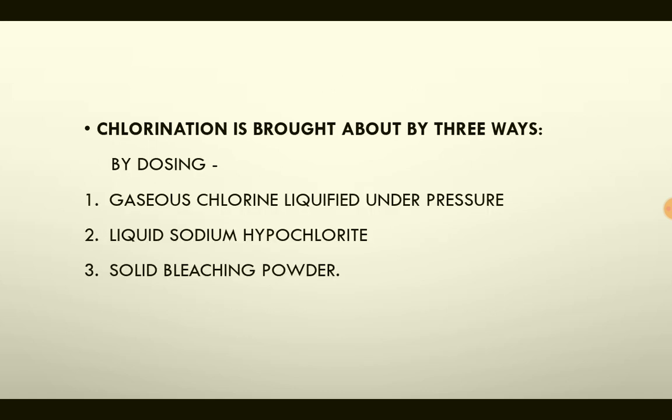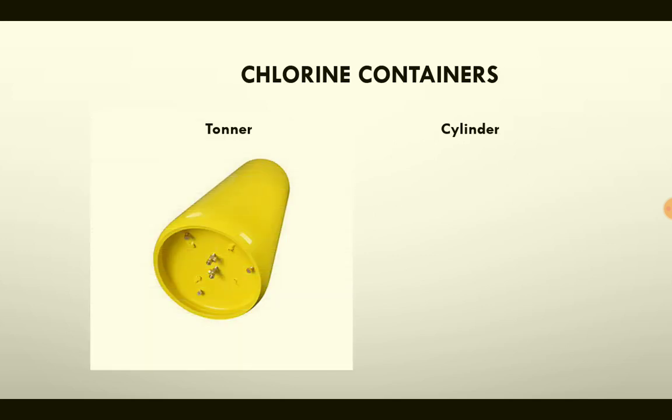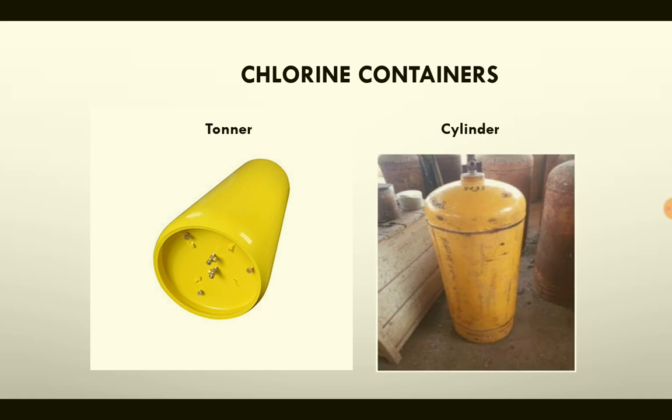Chlorination is brought about in three ways: by dosing either gaseous chlorine liquefied under pressure, liquid sodium hypochlorite, or sodium bleaching powder. Of these three, gaseous chlorine liquefied under pressure is the most predominant way of chlorination in most water treatment plants. Thus, this gaseous chlorine is stored either in large size tonners or in small size cylinders, both yellow colored.